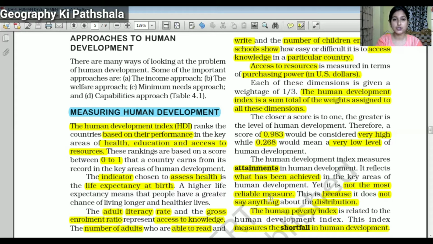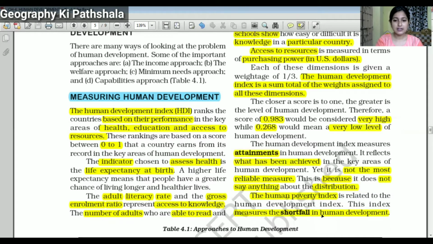So the next concept which emerges is the Human Poverty Index, which is basically the index that measures the shortfalls in the Human Development Index. Let's see the next page.